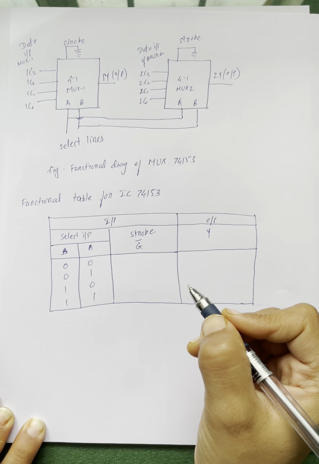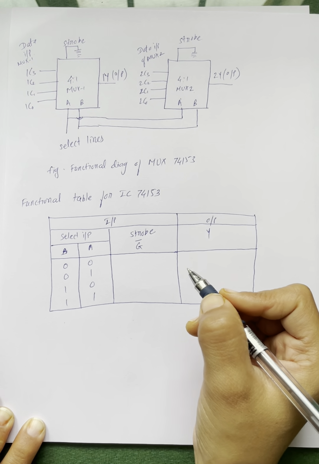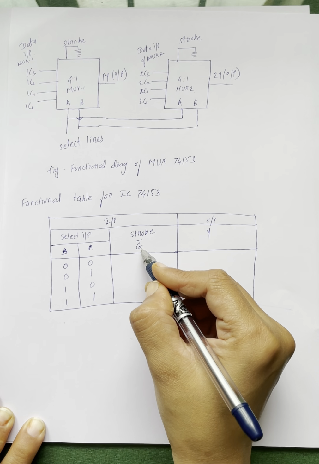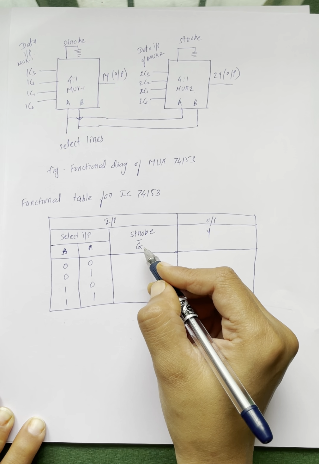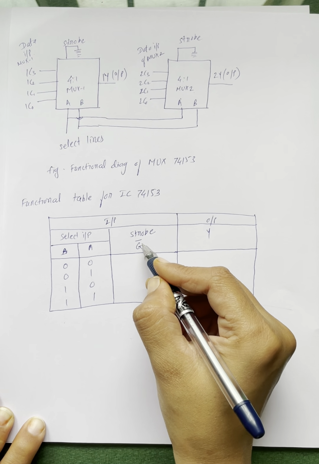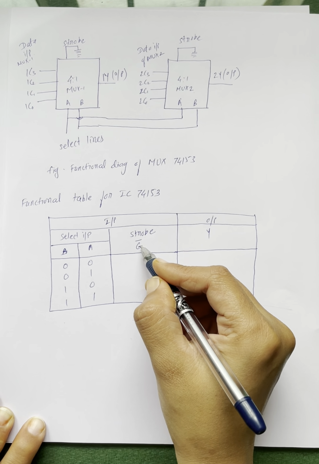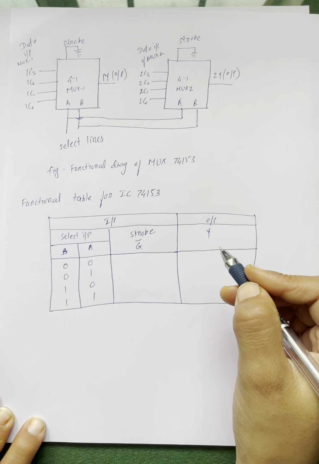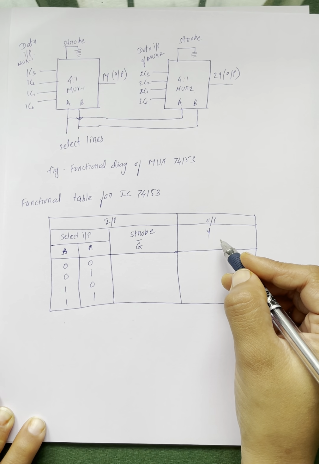So here I am considering the G bar value as 1. If the value of G bar is 1, then your output will always be 0.